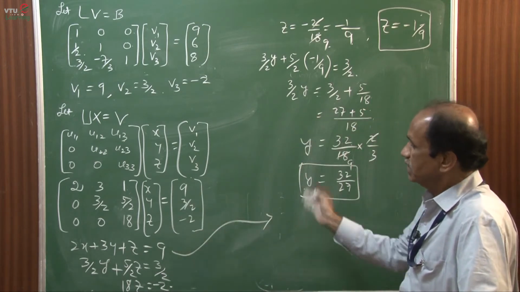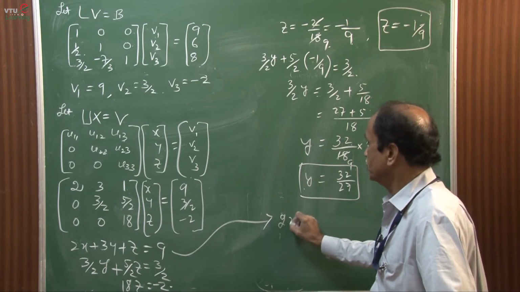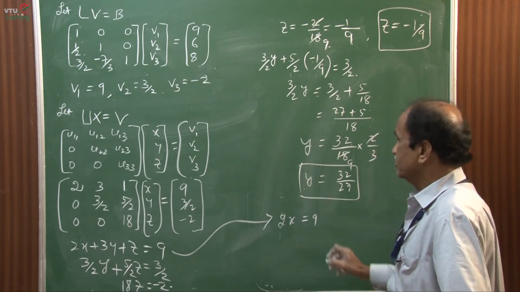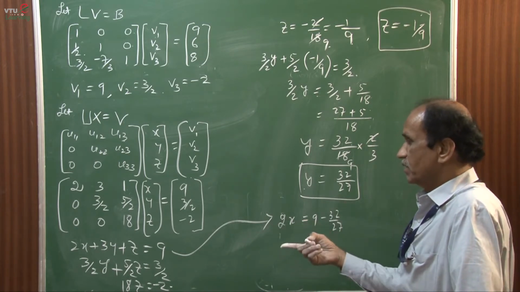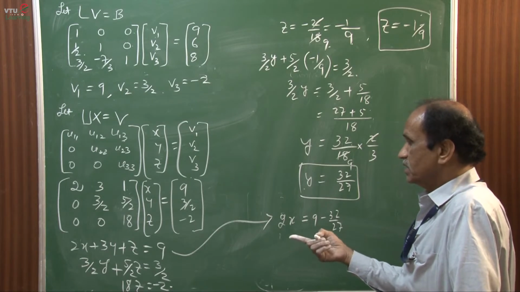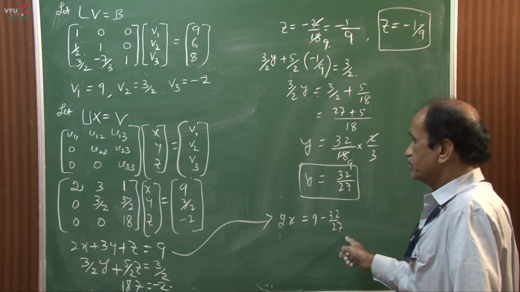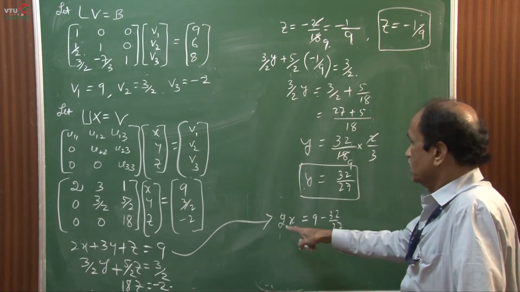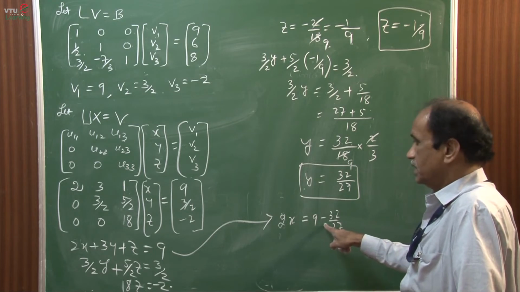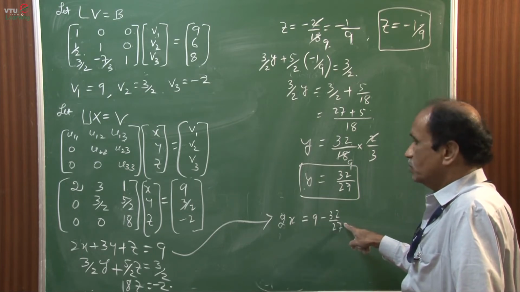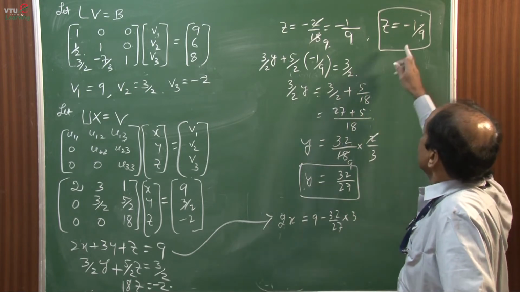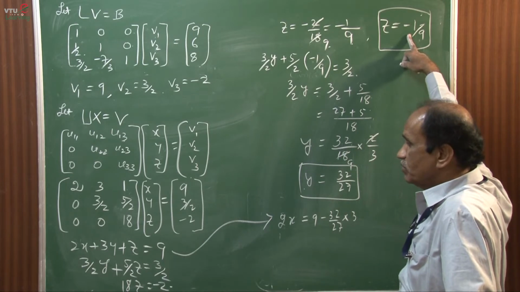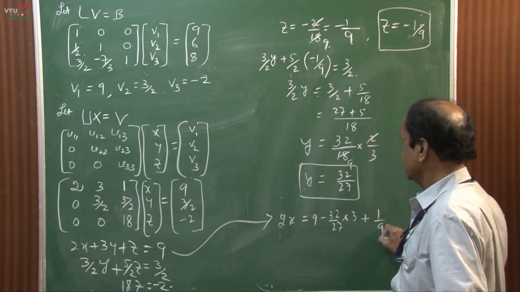Substitute y and z and you collect the value of x, that is 2x is equal to 9 minus 3 into y, which is 32 by 27, and z value. So, z value is minus 1 by 9, which becomes plus 1 by 9 here.